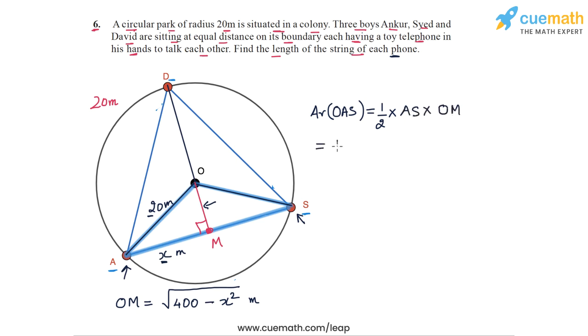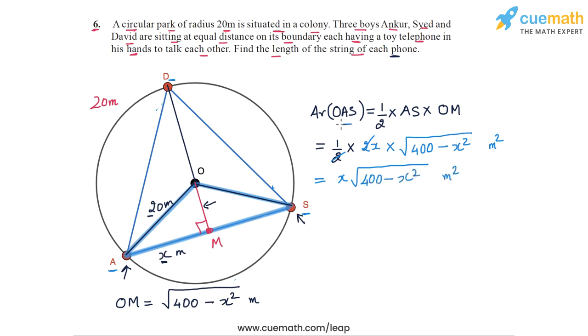Let's plug in the expressions in terms of X. Half into AS, which is twice AM so 2X, into OM, which is root of 400 minus X square, meter square. So this 2 and 2 cancel out, and we have X times root of 400 minus X square meter square. So this is the area of triangle OAS.